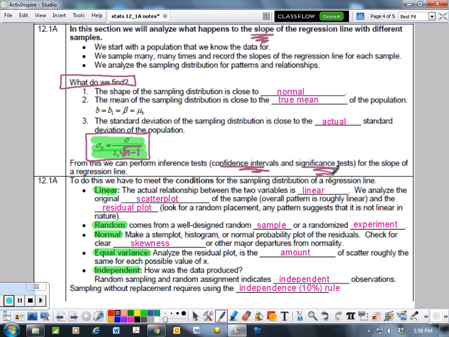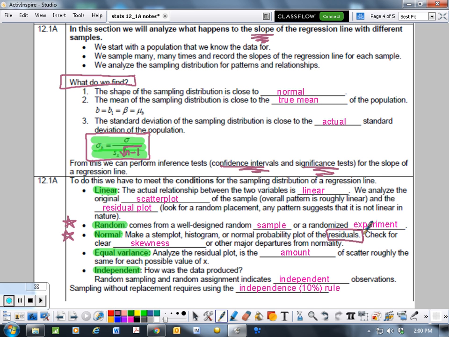Now, to be able to do any of these tests, we have certain conditions for these inference tests. And now we're going to go from 3 conditions to 5. So we do have our normal random sampling, so a well-designed random sample or randomized experiment. We do have a normal condition, but our normal condition is for the residuals.